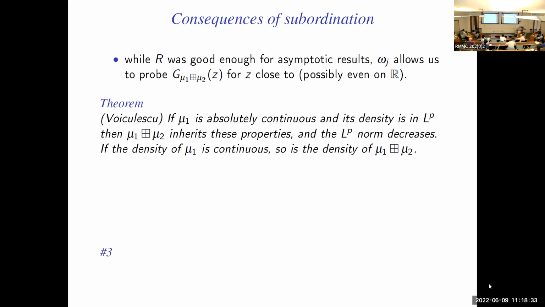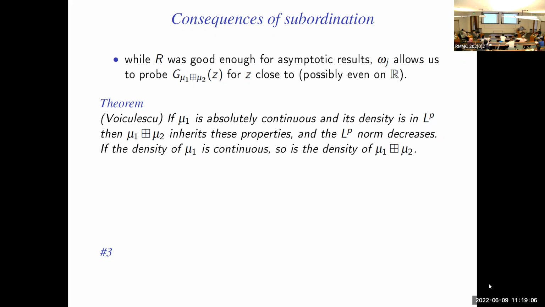So his theorem was that if you take a function which is in some Hardy space of the disk, and you compose it with a self-map of the unit disk that fixes the origin, then the resulting function is also in the same Hardy space, and it has norm less than or equal to the original function. So I think this is why Voiculescu looked into this kind of thing, because he was well aware that subordination has this kind of consequence.